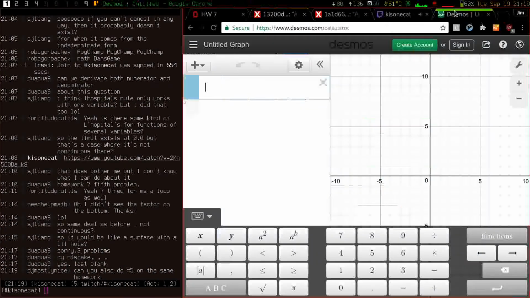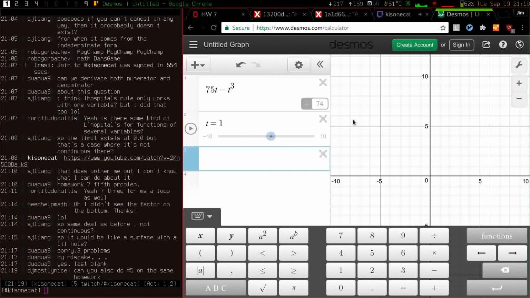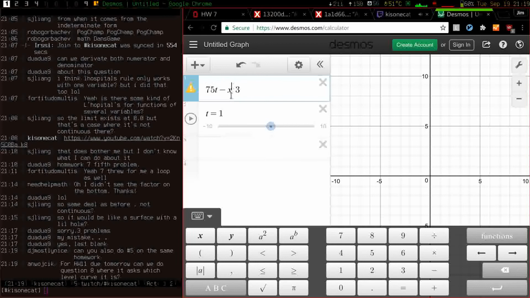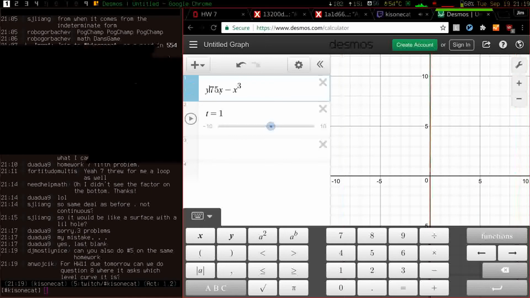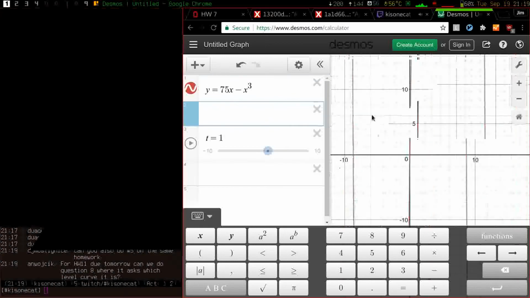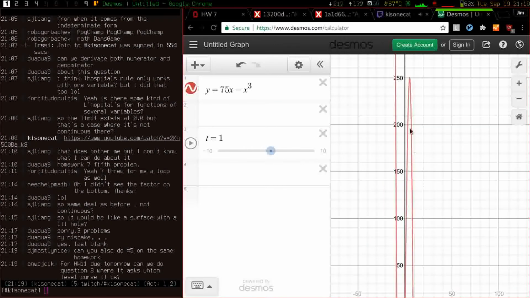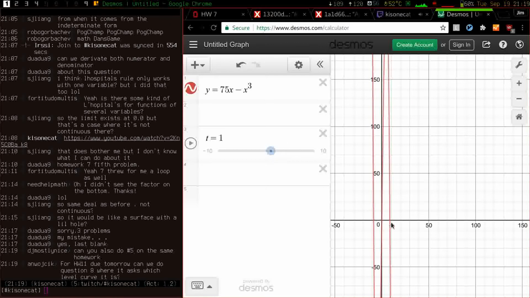It's 75x minus x cubed, I'll make that an x so it actually plots it. You probably know what a cubic looks like, but look at how tall it gets. It looks like it gets all the way up to 250 before going down.